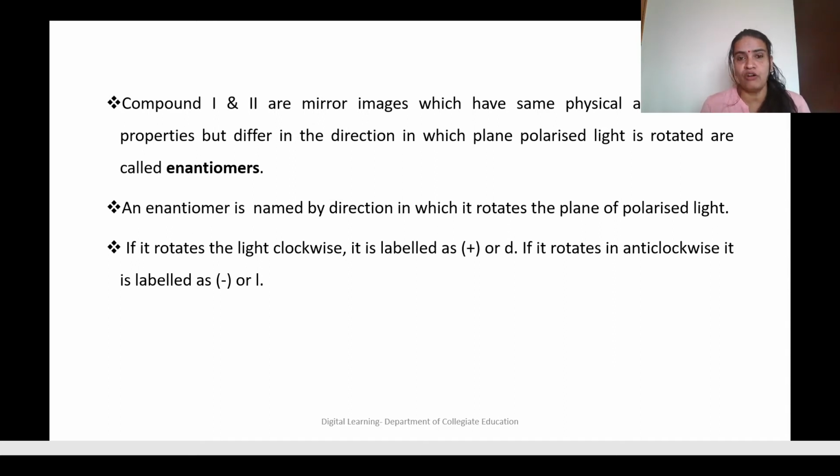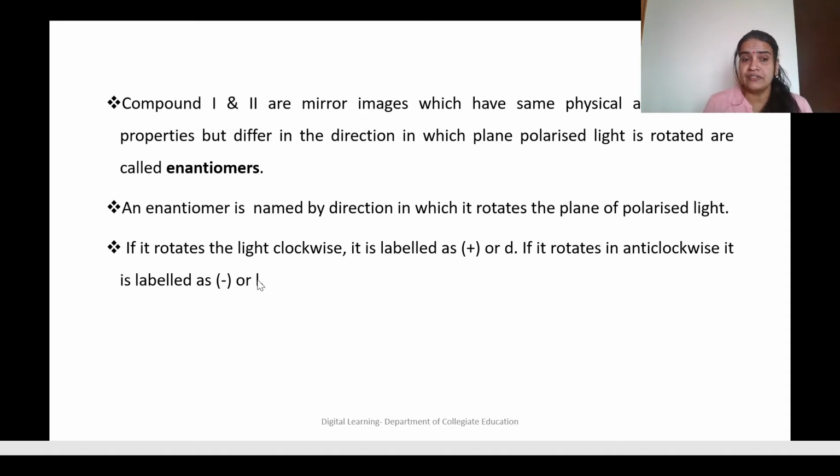Such compounds which have the same physical and chemical properties, but only differ in the direction of rotation of plane polarized light, can be termed as enantiomers. An enantiomer is named by the direction in which it rotates the plane polarized light.